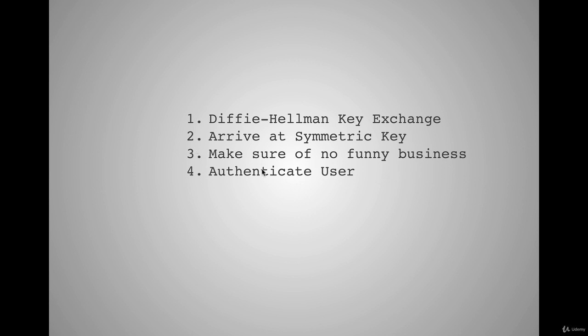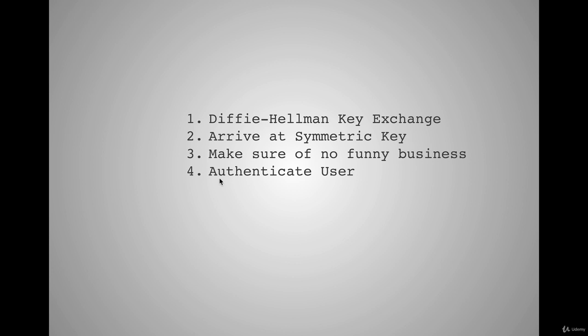Finally, we had to authenticate the user in two ways. We could either provide a password to say, hey, we are who we are and we have the right to access the server, or we could use something like RSA, which allows us to prove the identity of the person.